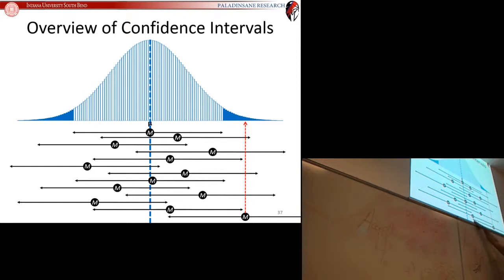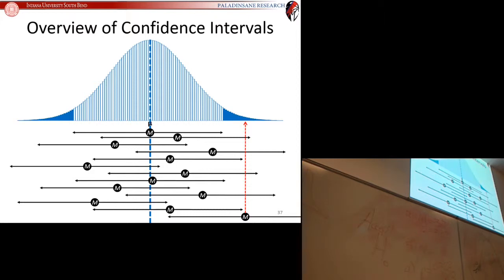We have a 10% chance that we're going to be wrong. That means we have a 90% chance that we're going to be right. That means we can be 90% confident that we've estimated things correctly. That means that we have a 90% confidence interval.